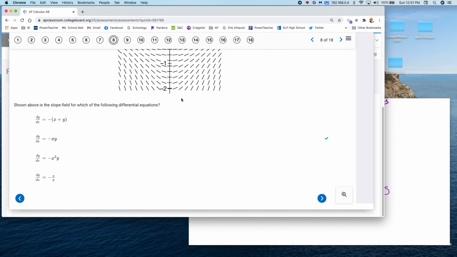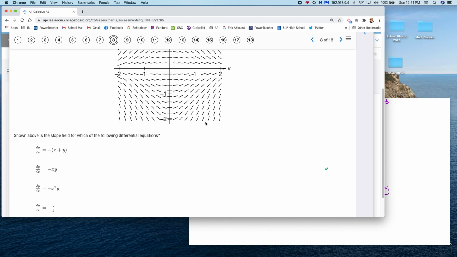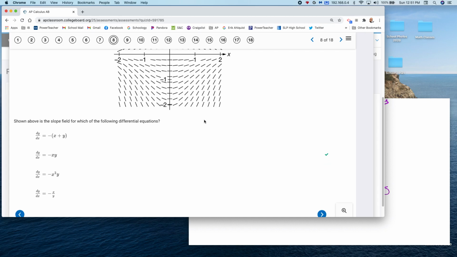That negative doesn't help us in that area. But let's look at this quadrant right here. When x is positive and y is negative, we end up getting a positive slope.